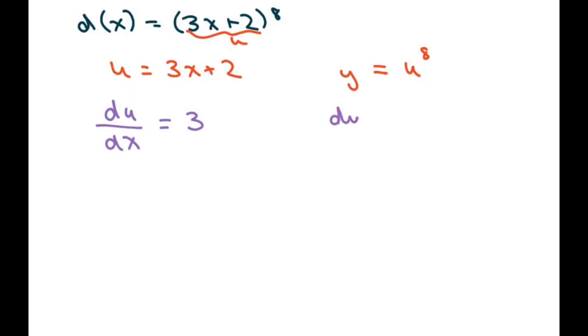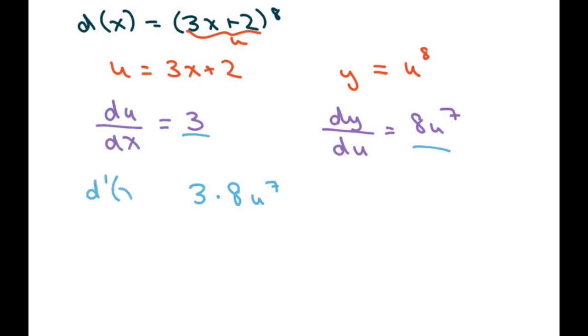And we're going to take the derivative of y with respect to u. That's going to be 8u to the 7th. You multiply these two. So that's going to give you 24. And this is for our derivative of d of x.